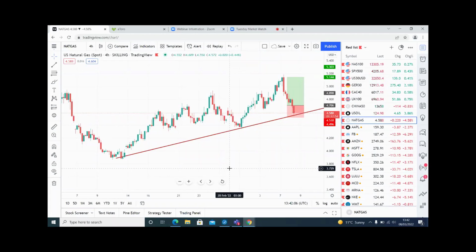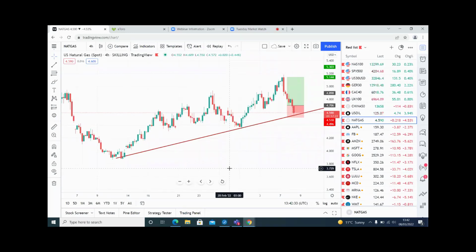Was the oil trade better, or is this one better? Which of the two do we think would have been a higher probability trade?